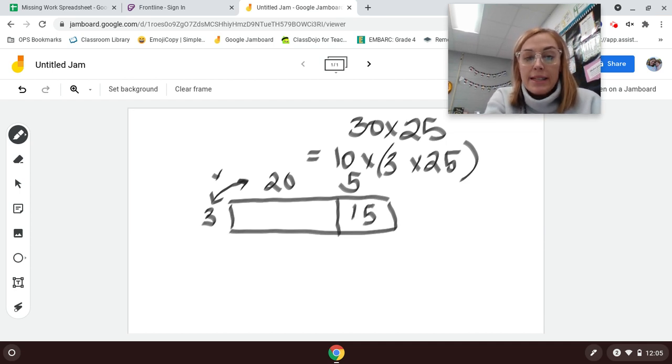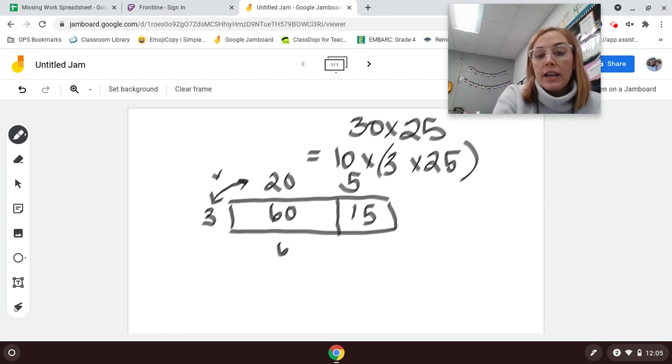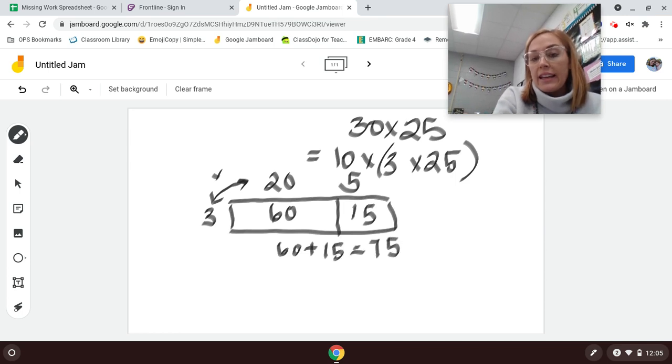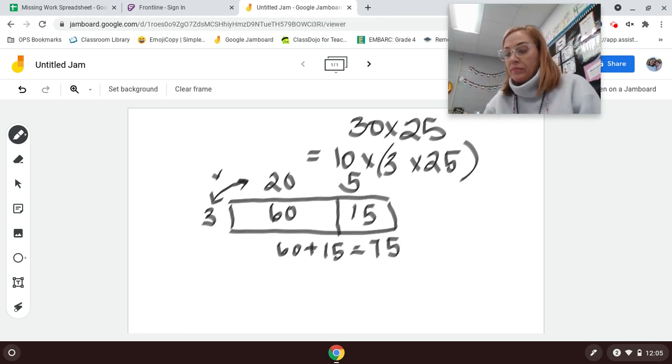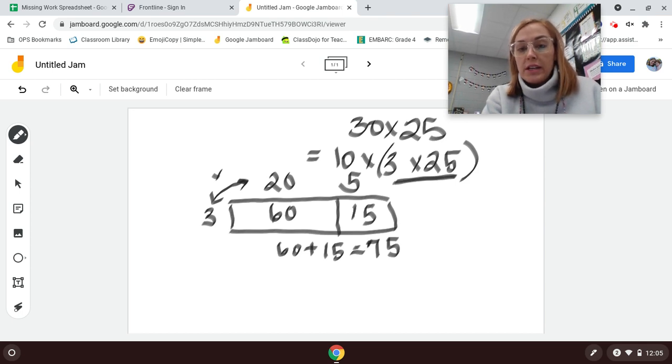And then if I cover up my 0 and say 2 times 3 is 6, and then I put my 0 back on, I know 3 times 20 is 60. Now if I add these partial products together, 60 plus 15, then I get 75. Okay, so now I know that my problem is going to be 30 times 25 equals 10 times 75, right? Because I've solved this 3 times 25.